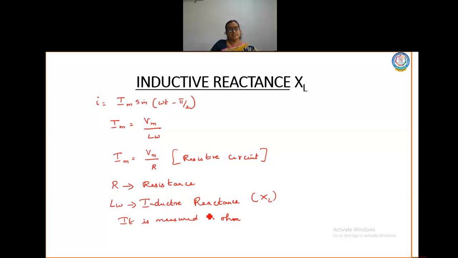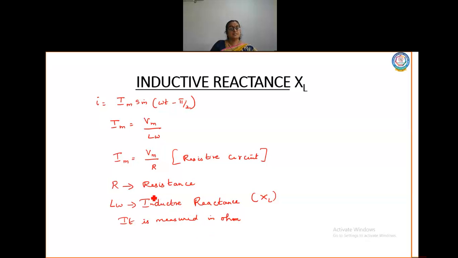But there is a small difference. Here you say resistance; resistance means it is resistive. But here you name the term inductive reactance. Now what is this reactance? Whenever we consider an AC circuit, AC is alternating, and for an alternating current you have what is called frequency.